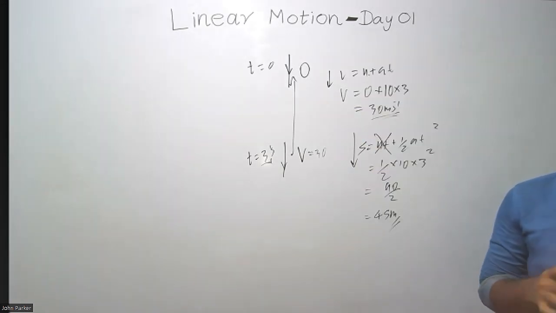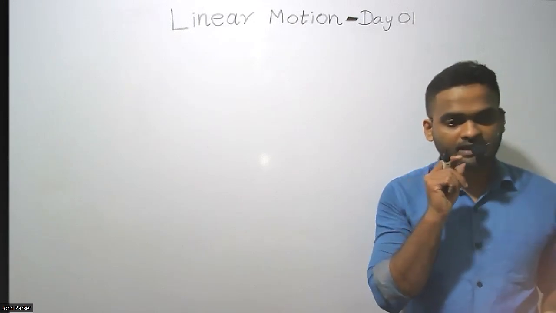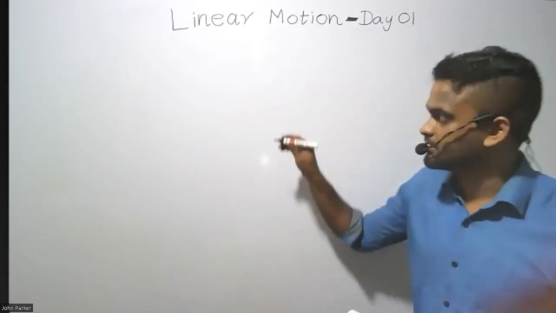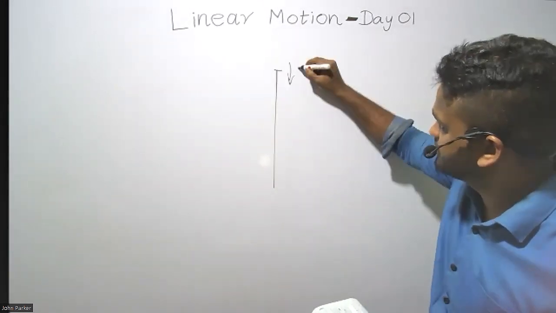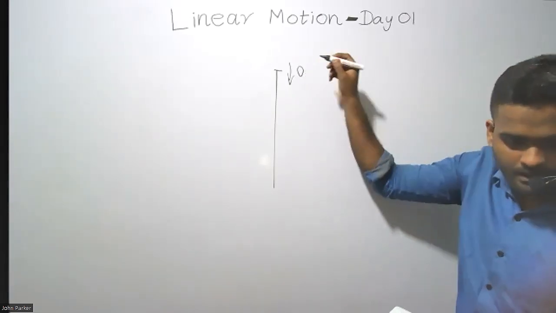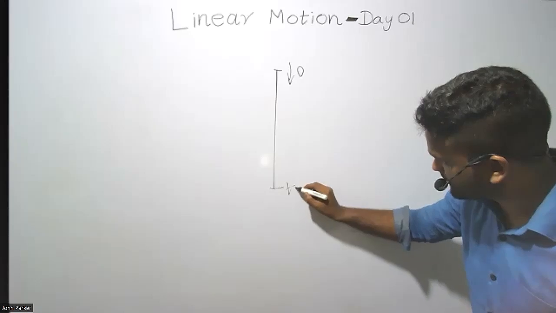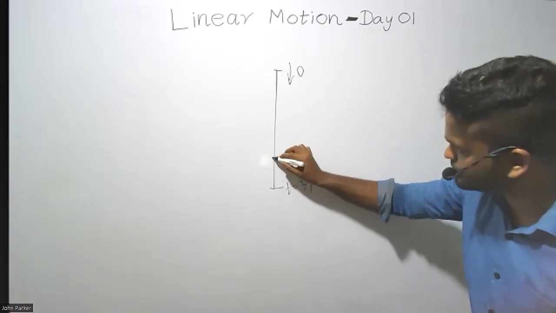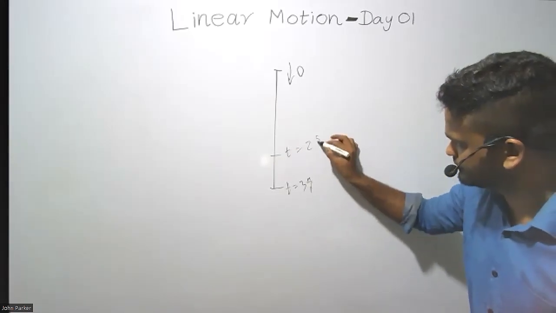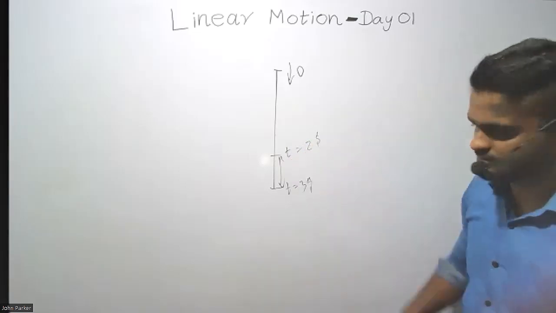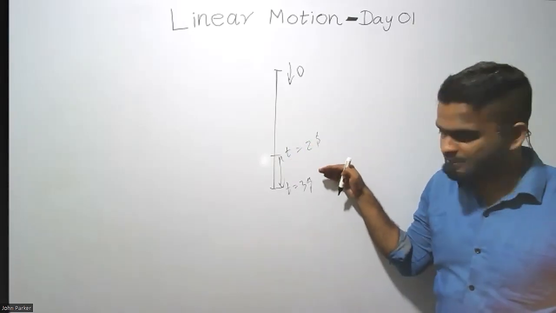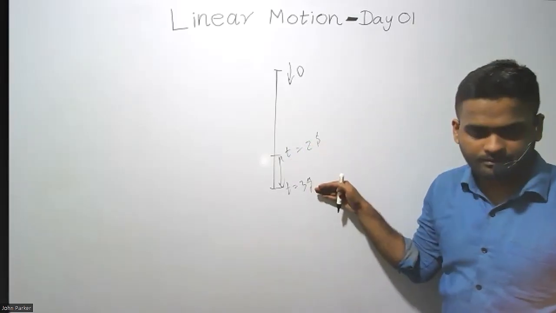Next one, 20th. That question had third second, right? What does third second mean? Initial velocity 0. I told you third second means between t equals 2 and t equals 3. This time period.